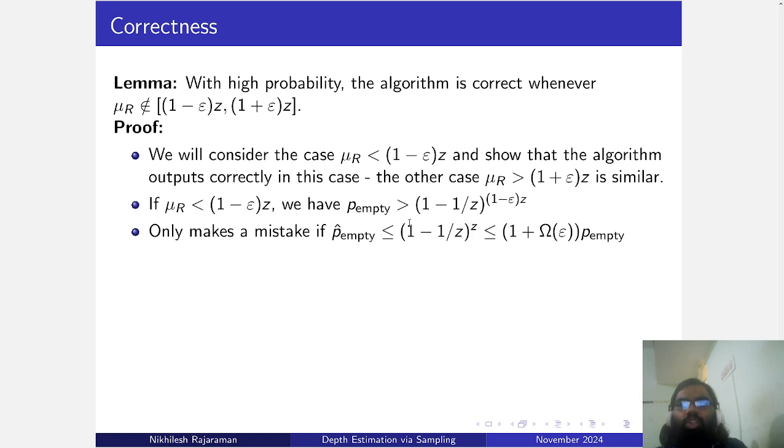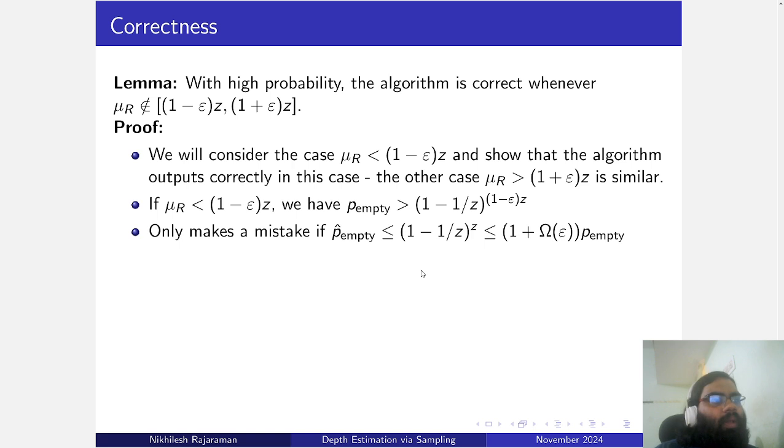If you look at the ratio between this threshold and this threshold, it comes out to be something like (1 - 1/z)^(epsilon z), which is something like e to the power of epsilon. And e to the power of epsilon roughly behaves like 1 plus order epsilon, using our Taylor series. So our algorithm only makes a mistake if the estimated emptiness probability is less than 1 plus epsilon times our true emptiness probability.